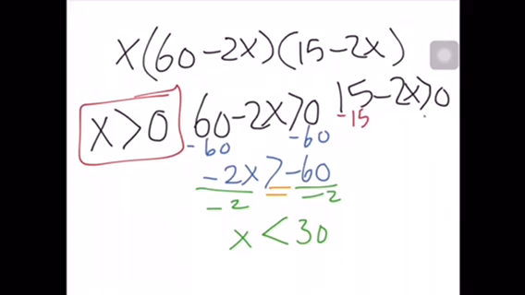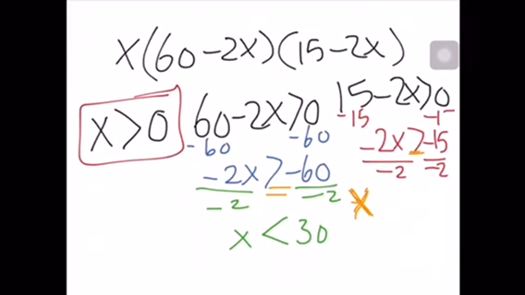Negative 15 minus negative 15. Negative 2x is greater than negative 15. Divided by negative 2, divided by negative 2. We have to flip the sign now. Negative x, without the negative, is less than 7.5.